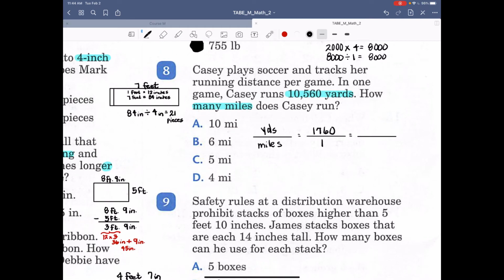And then we need to convert the 10,560, that's yards, so I put it on the top row with yards. And here comes the peanut. So I have 1 times 10,560. And then I divide that by what is not in the peanut.